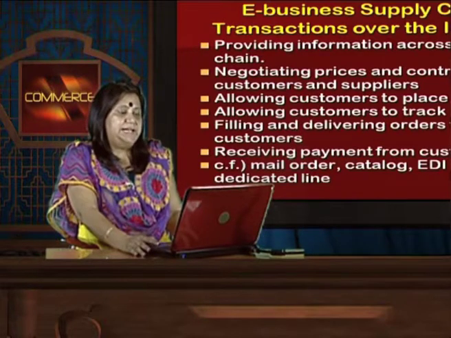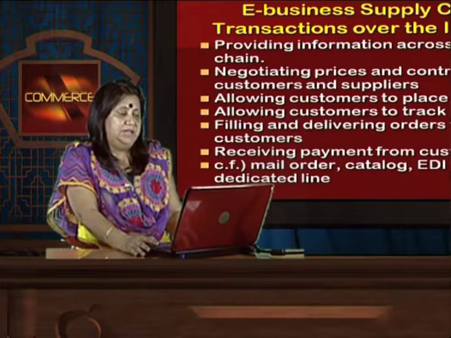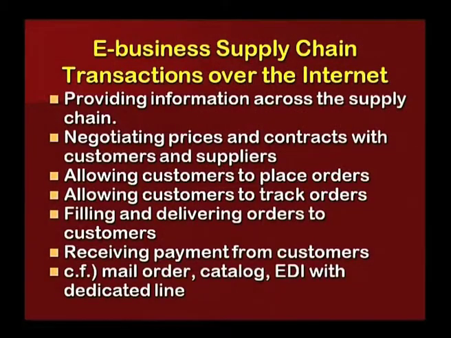Now, let us study the e-business supply chain transactions over the internet. These basically provide information across the supply chain. It is important for the supply chain for negotiating prices and contracts with customers and suppliers. It allows customers to place orders and to track orders.